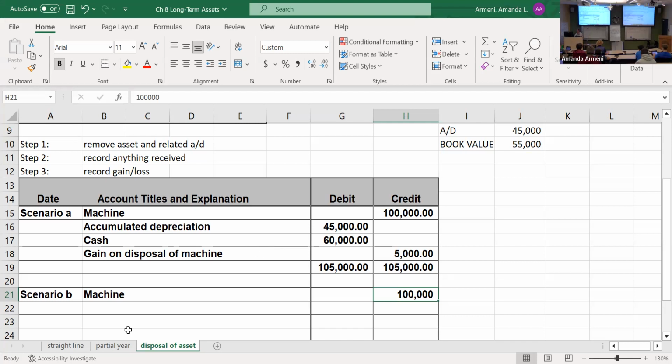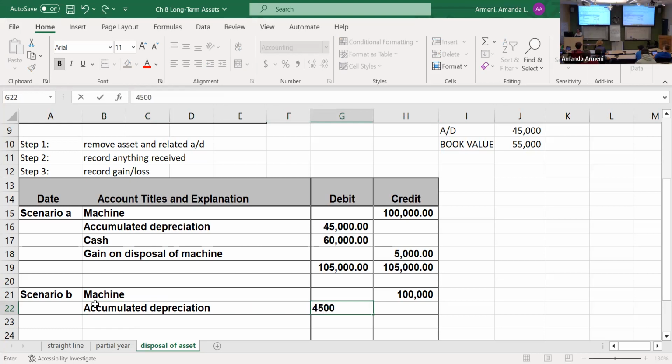The accumulated depreciation, we also want that to be 0. It has a credit of 45. We're just going to make a debit of 45. That's it. So step 1, make an entry in your journal to remove the asset and its accumulated depreciation, both.